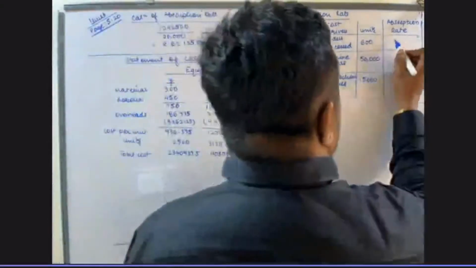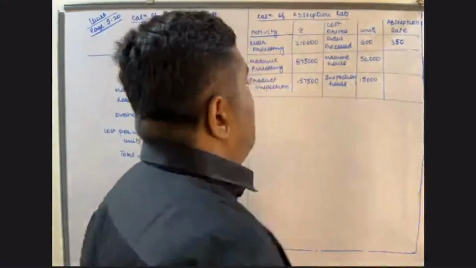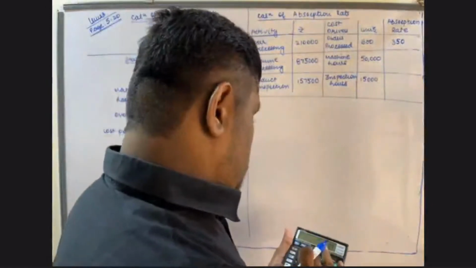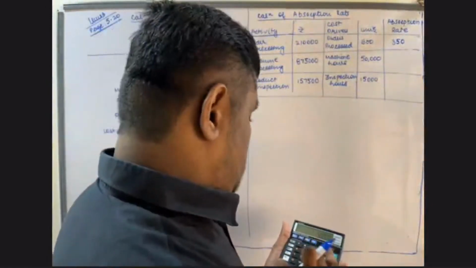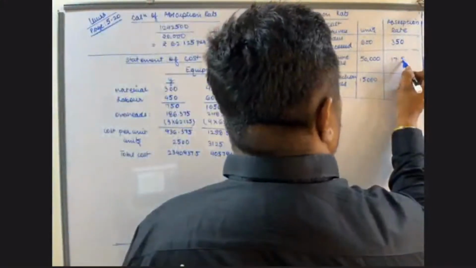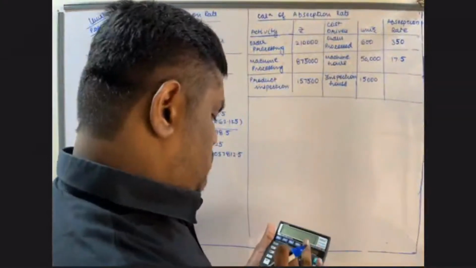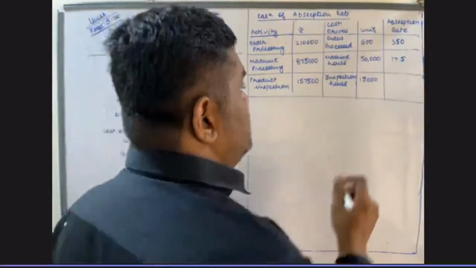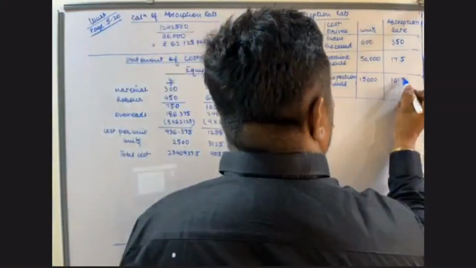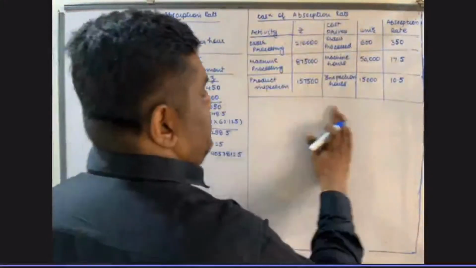So this will be 350. This will be 17.5. This will be 10.5.